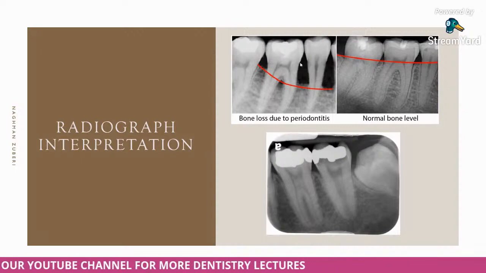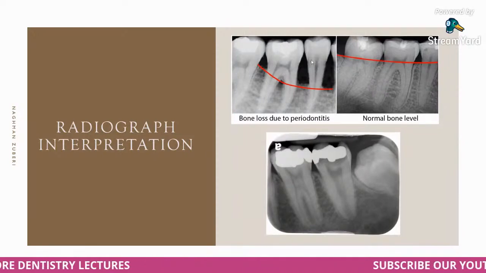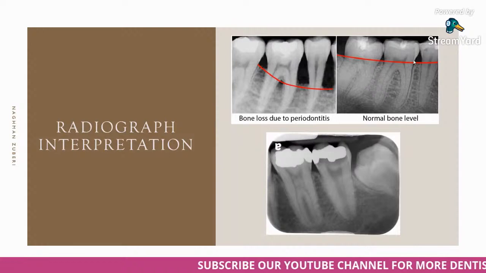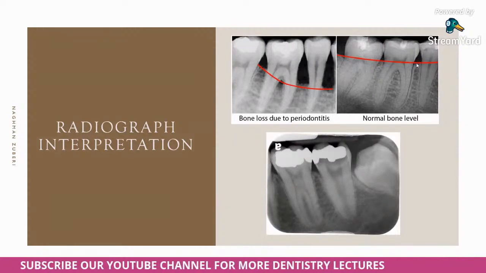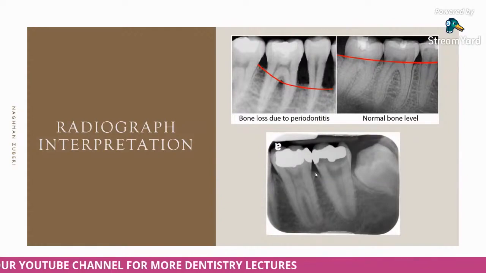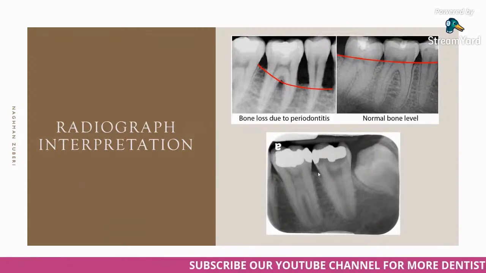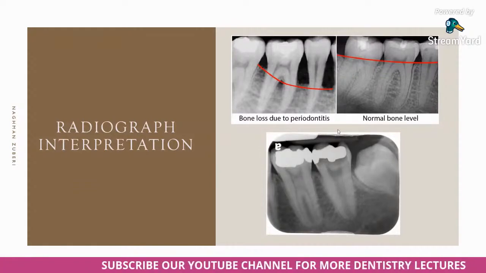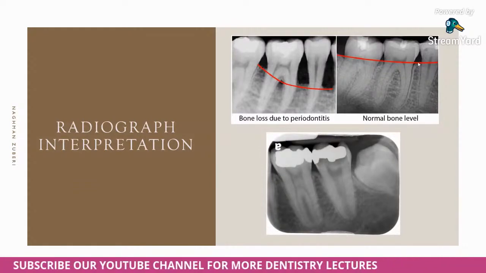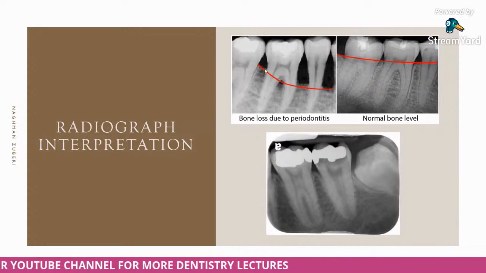We always imagine an imaginary line connecting the two adjacent cemento-enamel junctions, and if the crestal lamina is just apical to it and is very radiopaque, does not have any radiolucency or notching or any interruption in it, we must say that it is a good periodontal condition, no periodontitis over here.